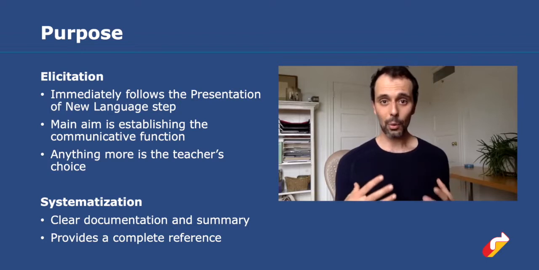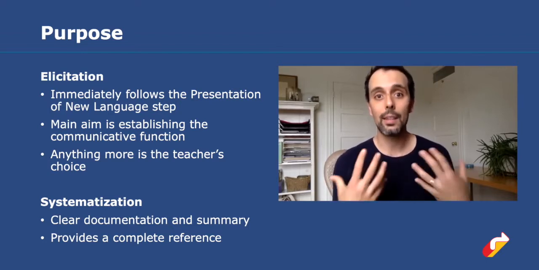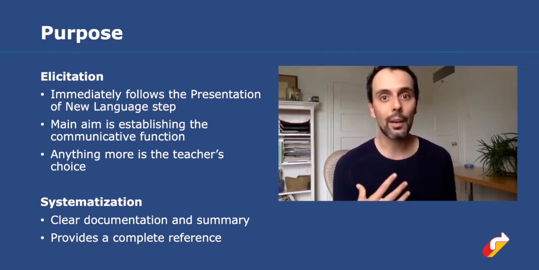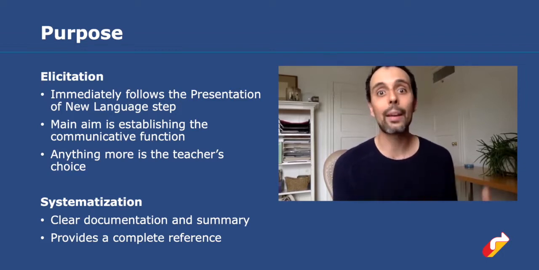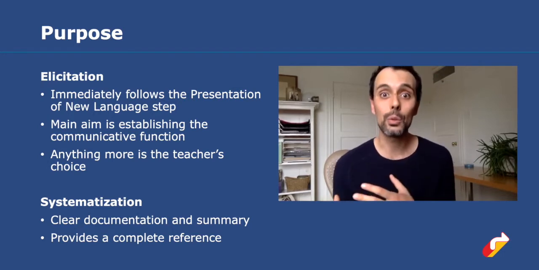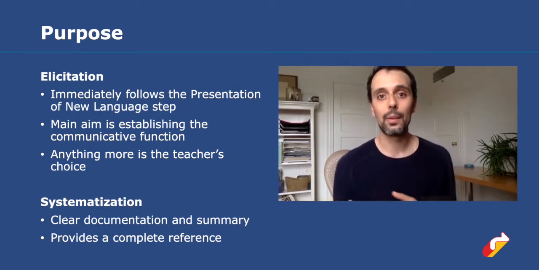Now, it's important to remember that as far as we can, we should be eliciting these points from students by asking them questions about what is the communicative function of the grammar, what are the words that make up the pattern of the grammar point. And so that's where sometimes we can confuse the elicitation step and the systematization step.